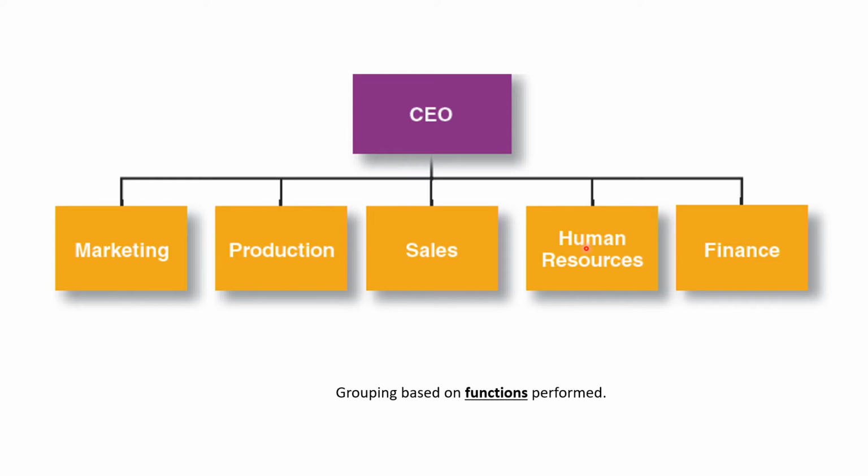If you are working under the human resource department, you will do tasks related to human resources, for example planning training for your employees, getting more employees, and restructuring. So this is the basic departmentalization that you use.